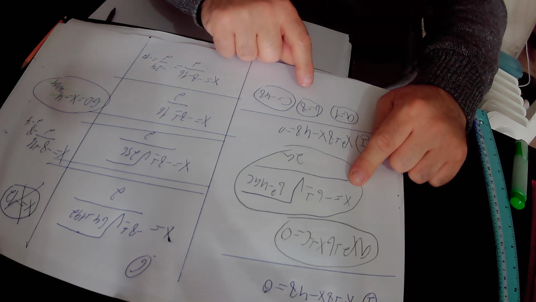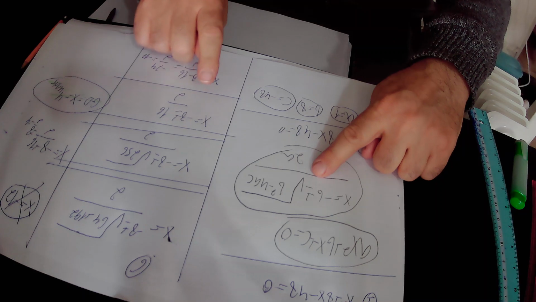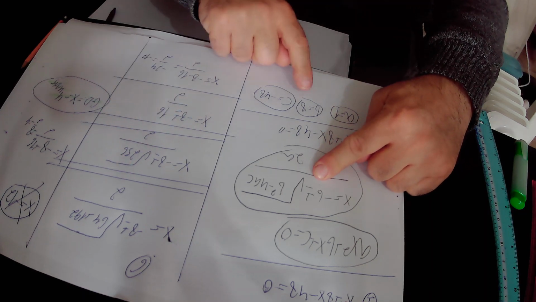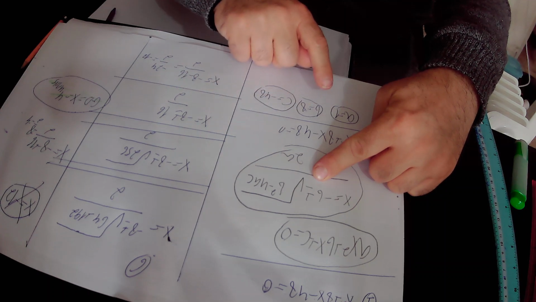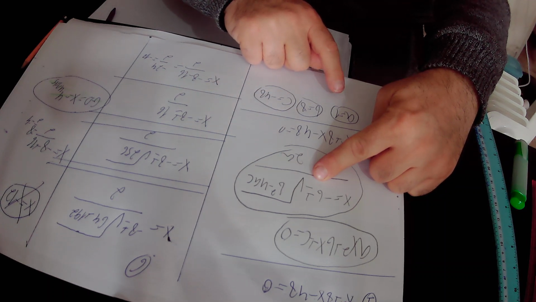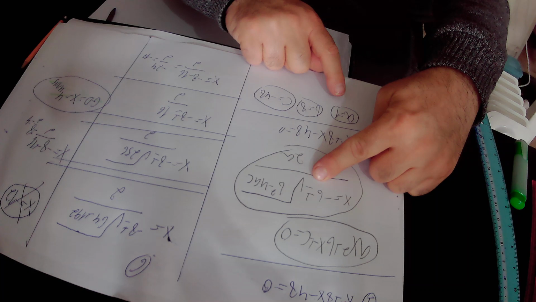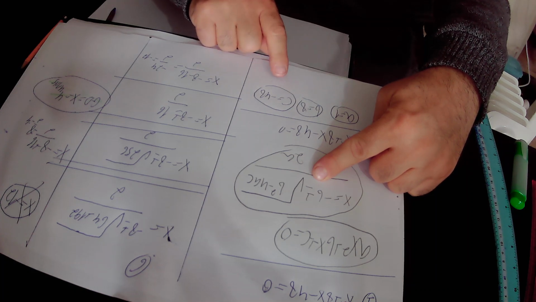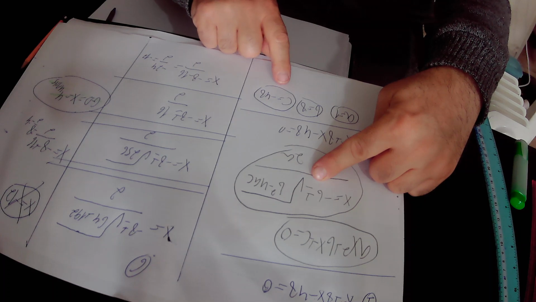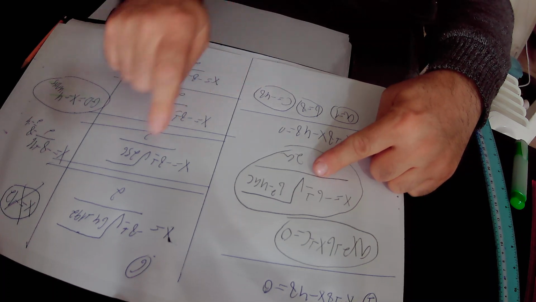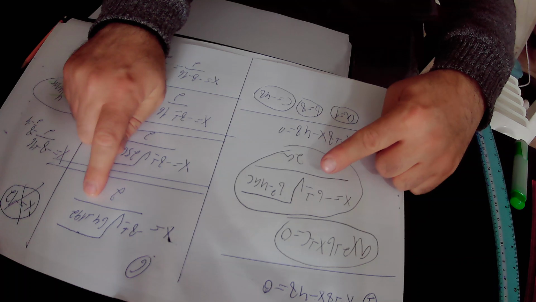We did it and found that x equals minus b. b is 8, therefore minus b is minus 8, plus or minus the square root of b squared. b is 8, therefore b squared is 8 squared, that is 64, minus 4 times a times c. a is 1 and c is minus 48, so minus 4 times 1 times minus 48 equals plus 192.